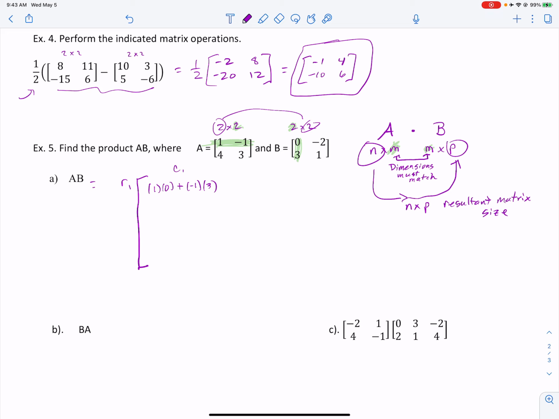I'm going to put that all together, and that's one entry of our resultant matrix. Then I am going to keep row 1, but move to column 2 on the second matrix. So stick with row 1 of the first, but use column 2 of the second. And so multiply corresponding entries, 1 times a -2 plus a -1 times 1.